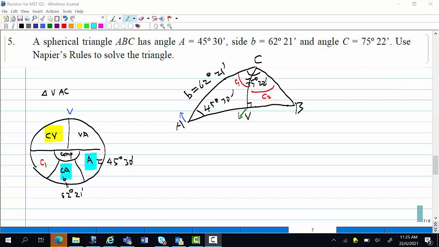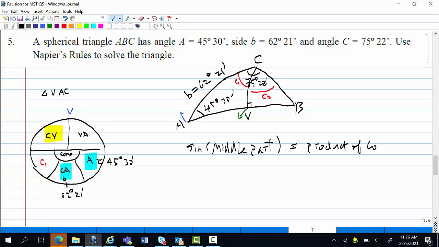Okay, now let's focus on the left Napier's view. I have yellow parts and two blue parts here. We know Napier's rule says that sine of the middle part is equal to the product of cosine of the opposite parts. The middle part is the yellow part here, and the opposite parts are the blue parts here.